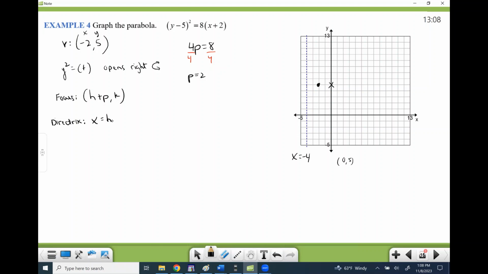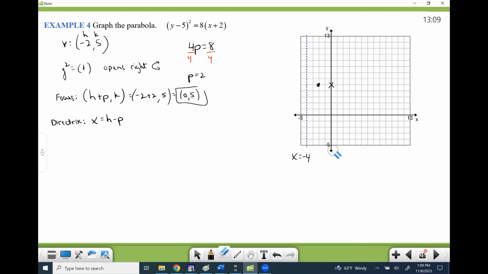And don't forget, it's a plus p for the focus and a minus p for the directrix. So the h comma k, I know I labeled these x comma y earlier, but these are your h and your k. So -2, and then plus p, and then comma 5. And that gives us exactly what we thought, 0, 5.